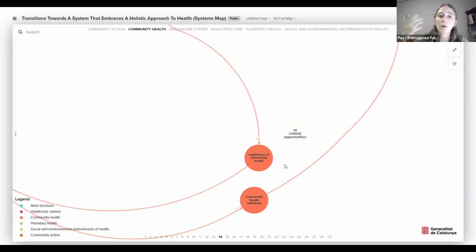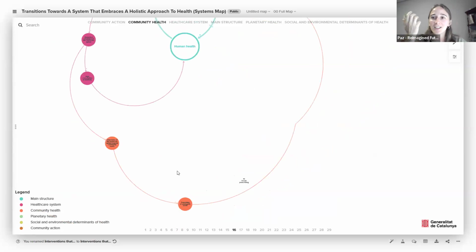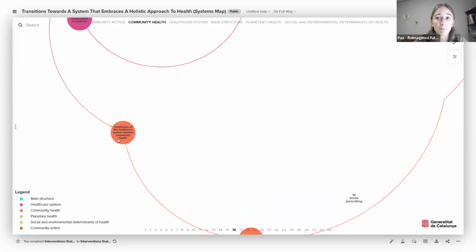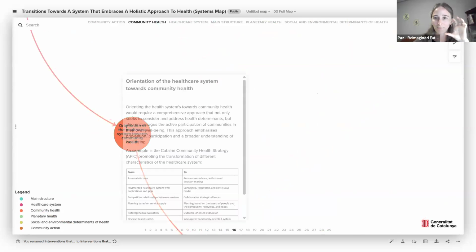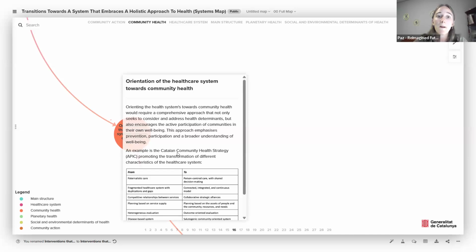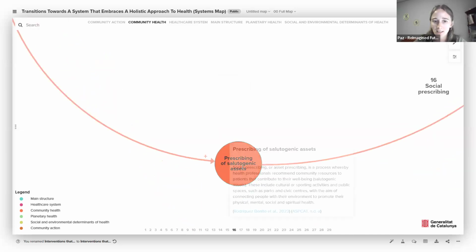That's why the biomedical approach is reinforced. Loop 16, these are very big loops, is an emerging trend that we are seeing in the Catalan system: many professionals in the healthcare system, as it is today in the biomedical approach, are starting to prescribe salutogenic assets.